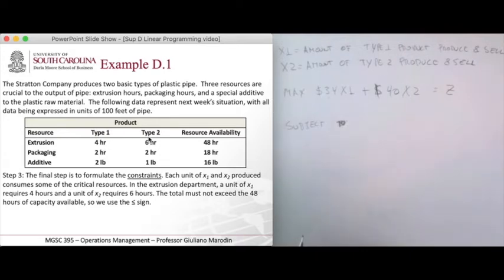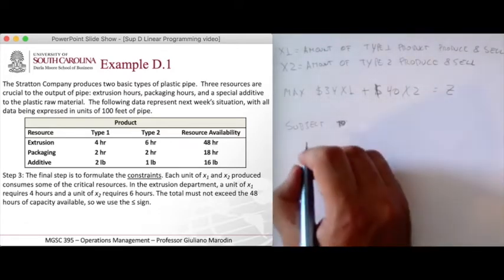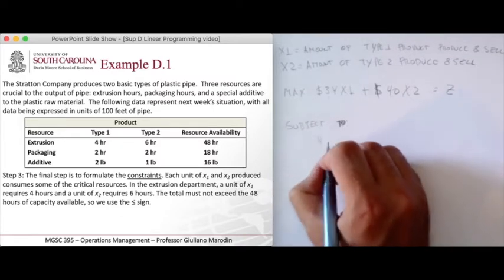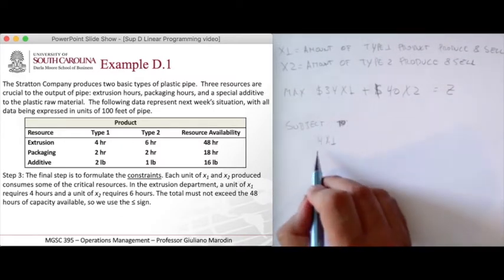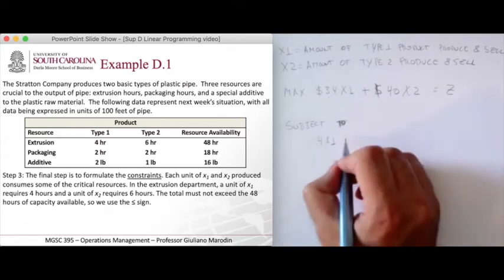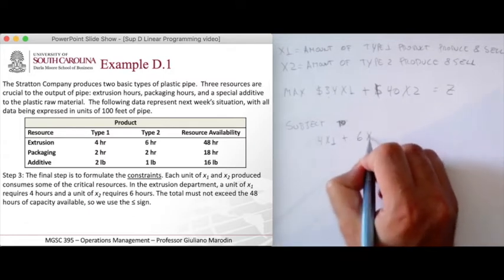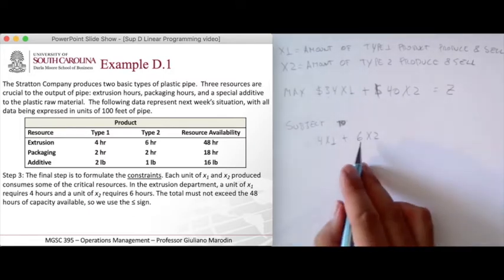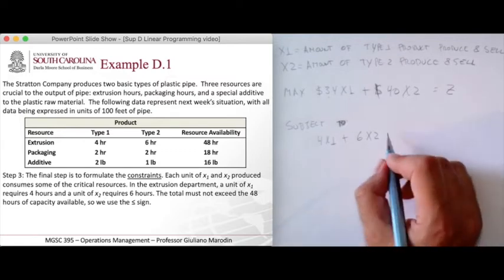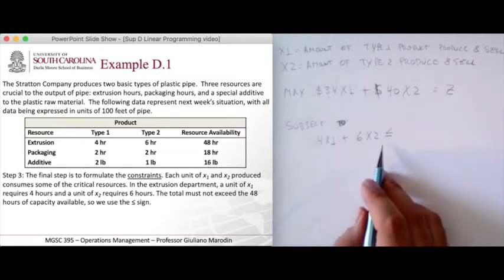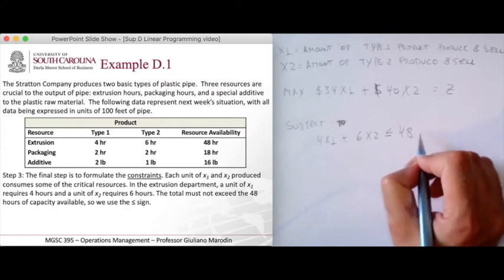For every X2, I know that will take 6 hours. And I know that the total has to be 48. So voila, that's the constraint, right? 4 times X1, so for every X1, 4 hours, plus 6 X2, for every X2, 6 hours, has to be lower or equal than 48, right?